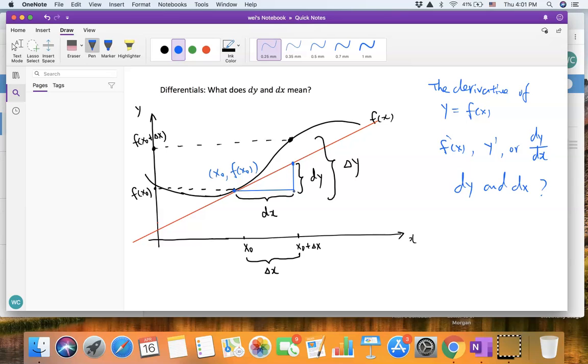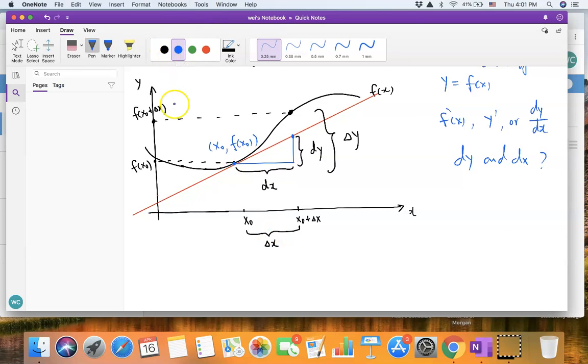And the difference between the y values of these two points, I use dy to represent. So now we can see that dx is the same as delta x, because both of them represent the amount of change of the x values of the two points. But dy and delta y are not the same.